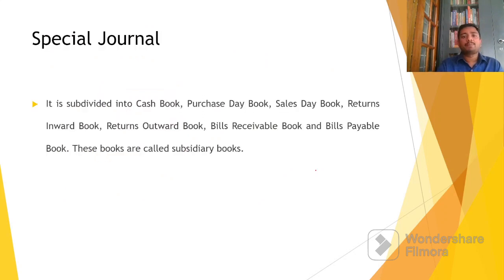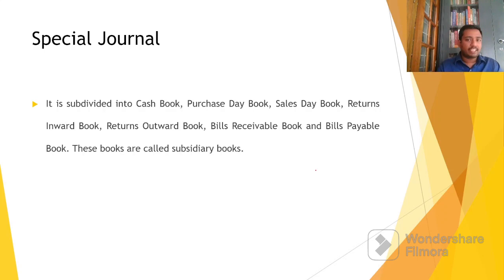Now what are special journals? As we have already said, in the journal there is a heavy load of transactions, and at the end of the day we cannot classify or say what the cash value, the purchase value or the sale value is by just looking at a normal journal.